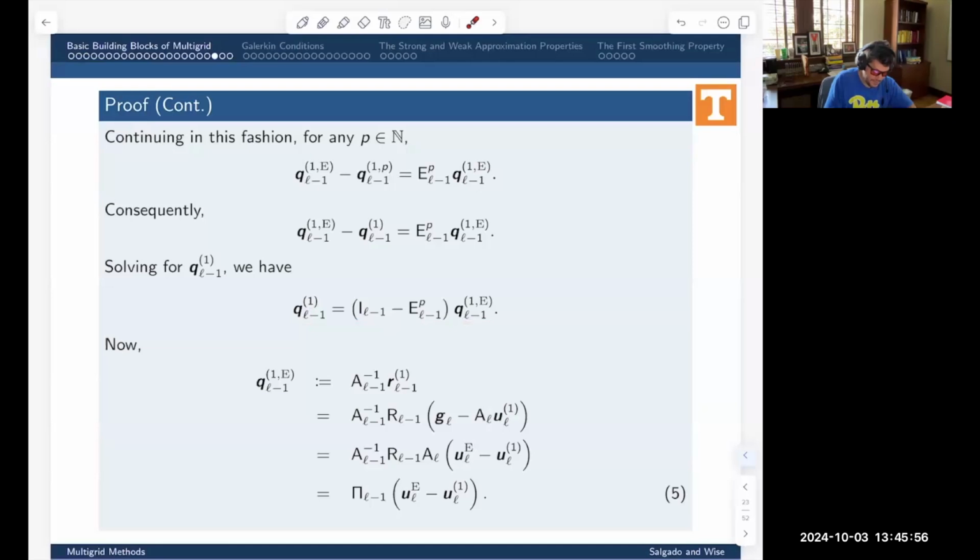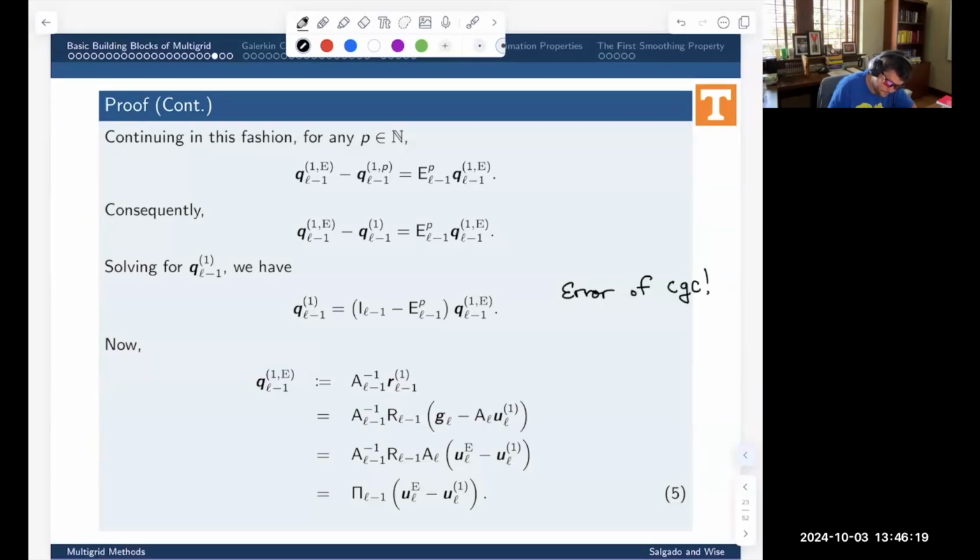So this part here is the error that we generate by not solving that problem exactly on the coarse level. That's the error of our coarse grid correction. And this, therefore, is the error transfer matrix of the coarse grid correction part.